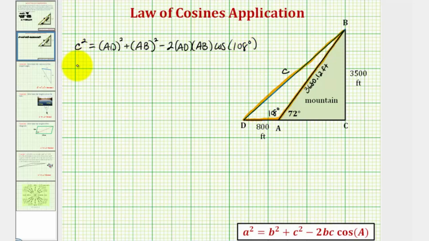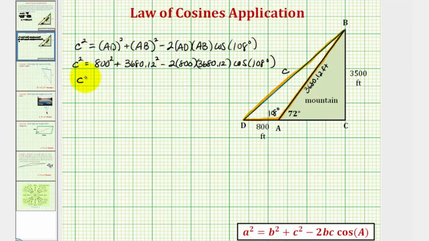Now we'll fill in the known values. We'd have C squared equals AD squared would be 800 squared plus AB squared is 3680.12 squared minus 2 times 800 times 3680.12 times cosine 108 degrees.